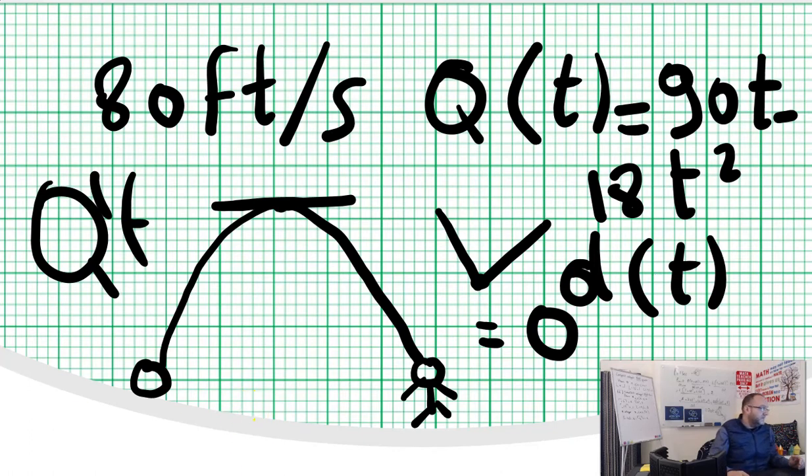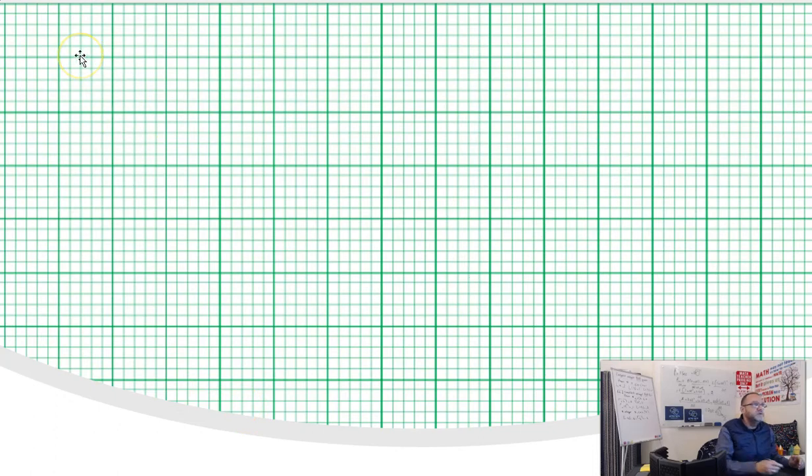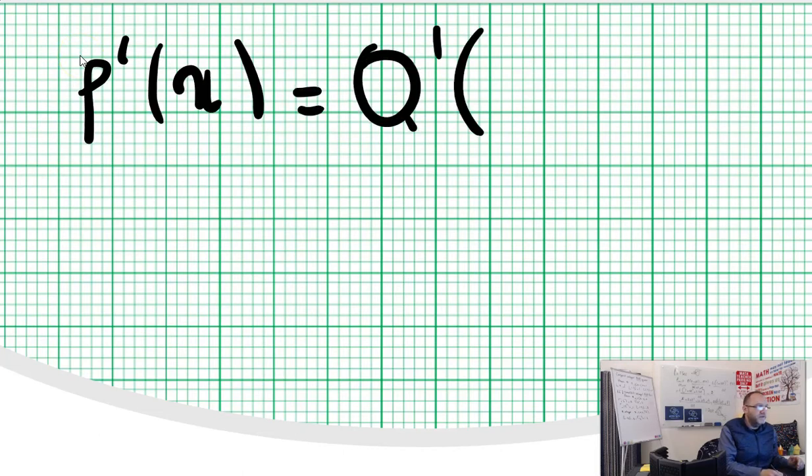Okay, let's move to a blank page. And let's first of all find our f dash of x, or here it's q dash of t. And we're doing this with respect to time here. Again, the idea of relativity. So the original, I believe, was, let me see, what was the original? 90t minus 18t squared. So the derivative of 90t is just 90. We will study that soon.